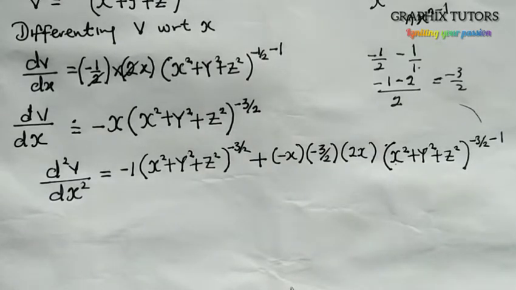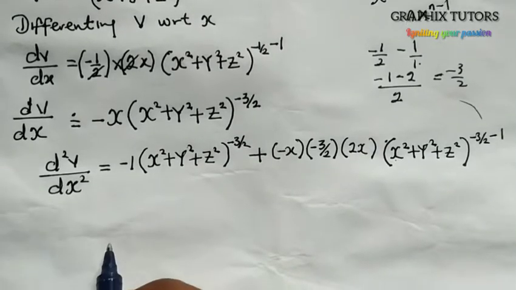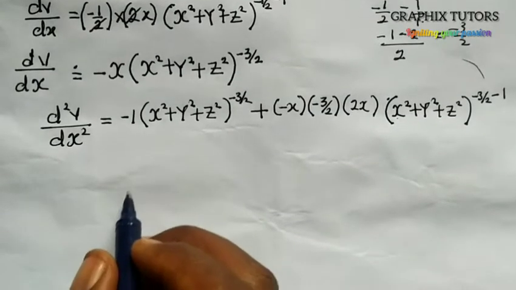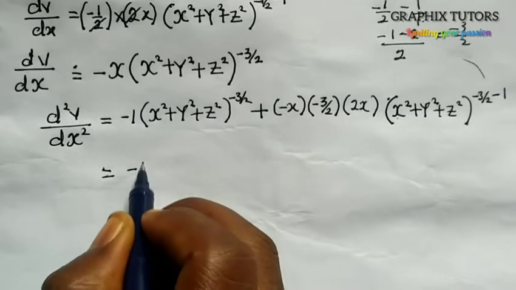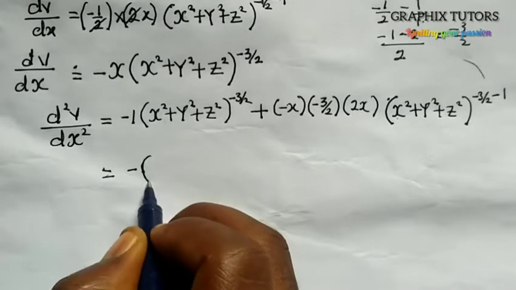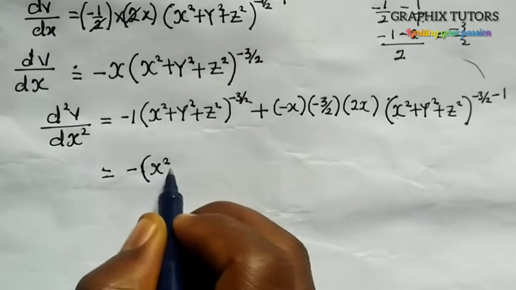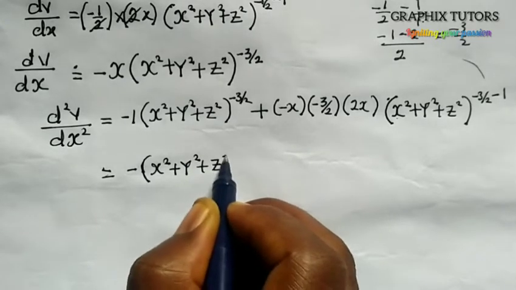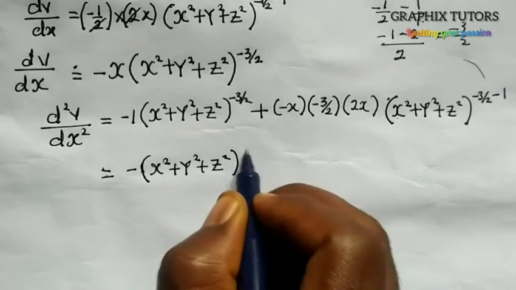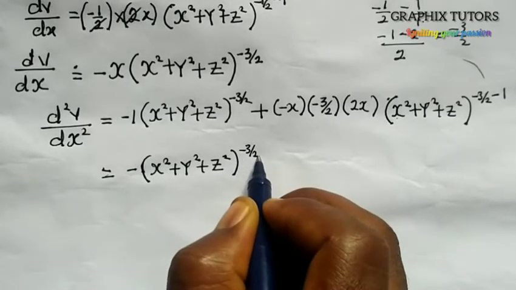Is that okay? Now if you look at it very well, this will now give me minus 1, that is minus bracket x squared plus y squared plus z squared open bracket minus 3 over 2.